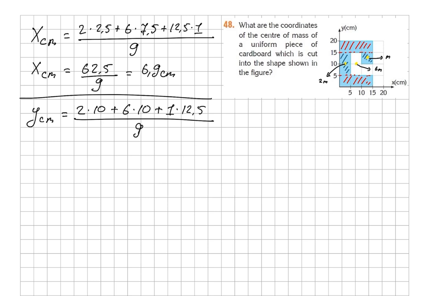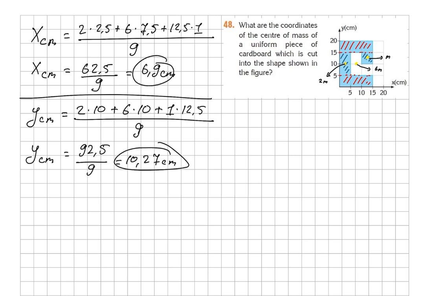So it will be equal to 20 plus 60 plus 12.5, which is 92.5 over 9. It's equal to 10.27 centimeters. So these are the answers.